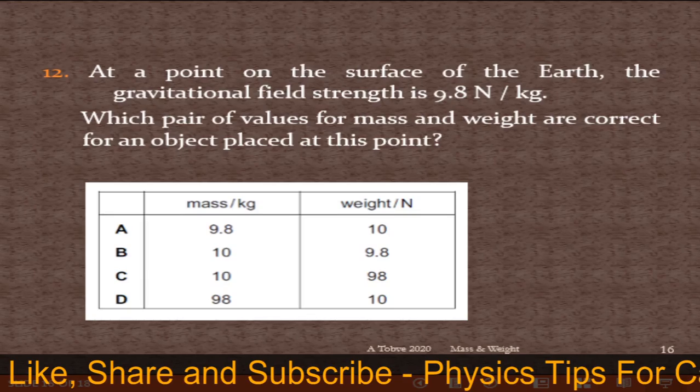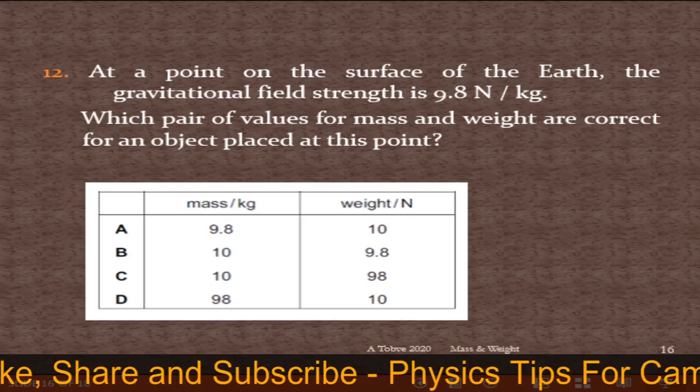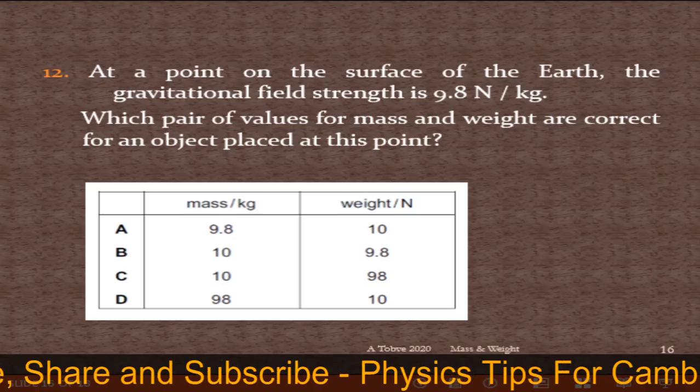If you take A, 9.8 times 10 should give you 98. B, 10 times 10 should give you 100. Then 10 times 10 should give you 100 again for C. And then 98 times 10 should give you 980 for D there.